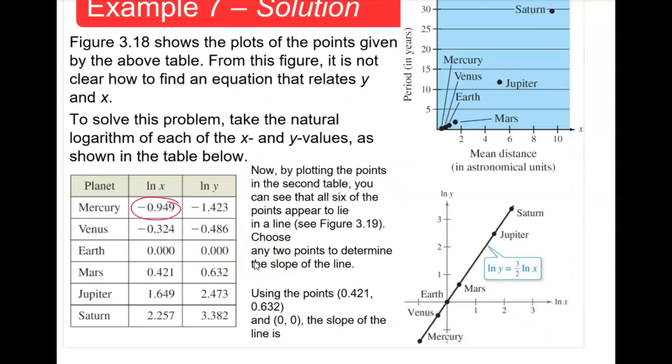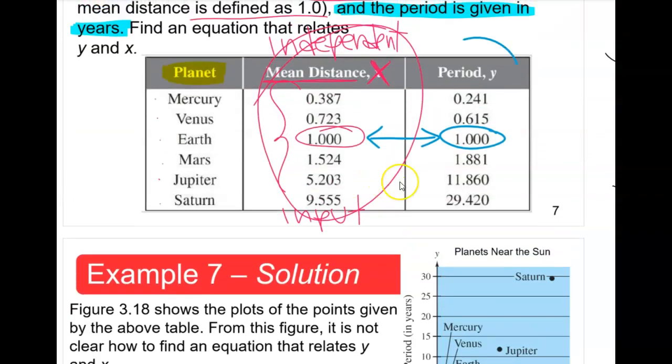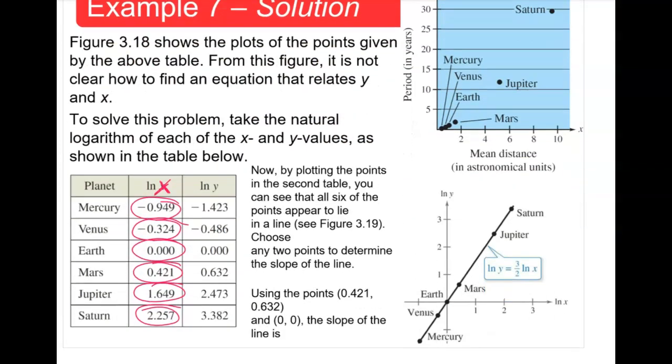So for each number there, natural log of that x value of the mean distance. And then this new table was created. So then from there, the textbook, I should say, took the y values, the period, and the natural log of those y values was taken, and that's how these new numbers came to be here.